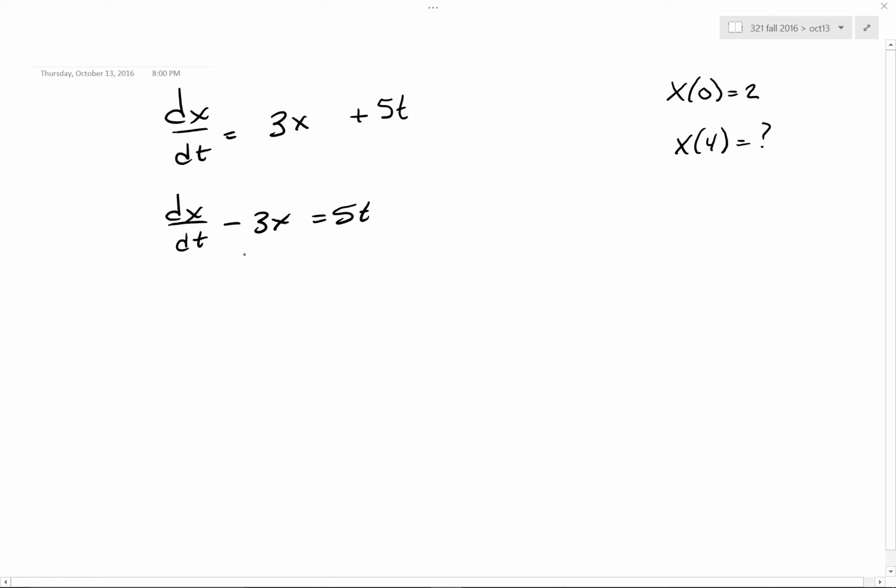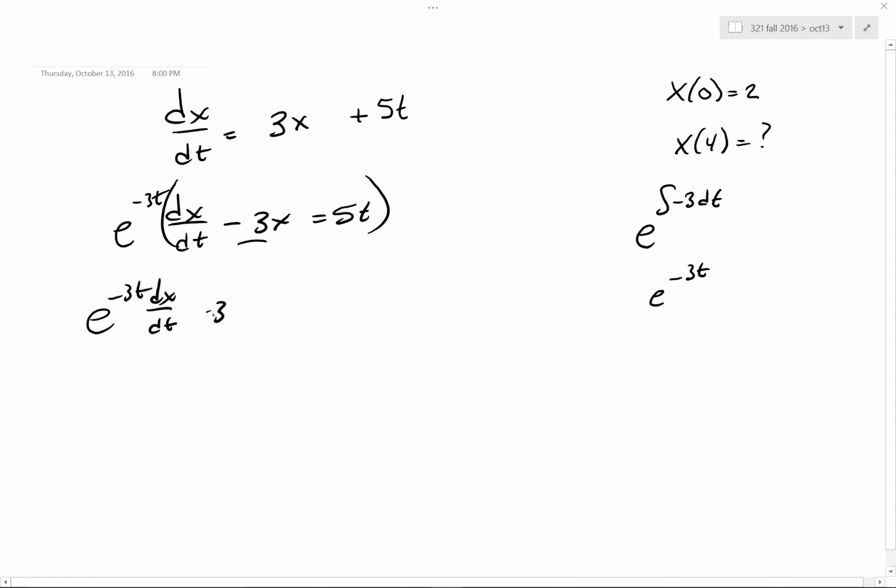So remember, this right here is part of your integrating factor. So that's e to the negative 3t. When I multiply that through, I end up with e to the negative 3t dx/dt minus 3 e to the negative 3t x equals 5t e to the negative 3t.